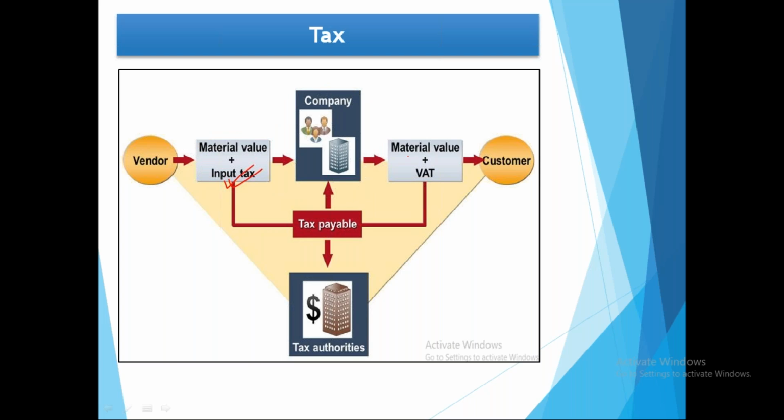And at the same time, we manufacture a material and sell the product to the customer. That time we will be charging the output tax, which is called VAT, value added tax. As per the country norms, we will be paying the tax to the regulatory authorities, regulatory bodies. So how we are going to handle this tax in the system, we will see.